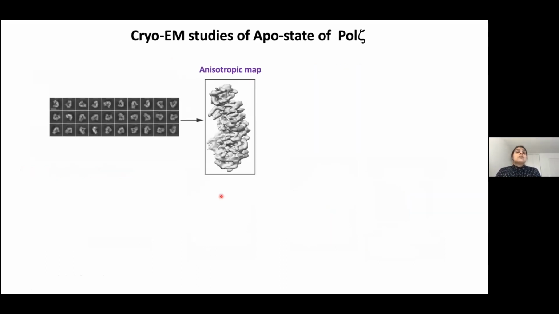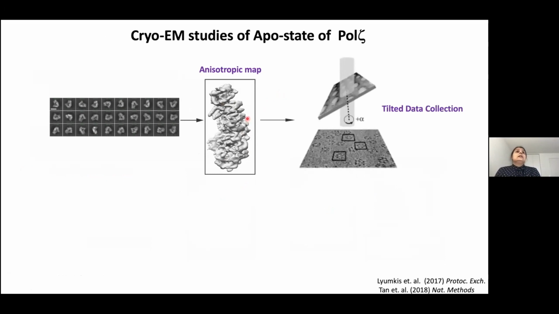We also did cryo-EM studies of the Apo-state of Pol-Z, where we were again seeing a similar problem of getting anisotropic maps. So for this one, we tilted the stage to 40 degrees to get different orientations of the molecule.